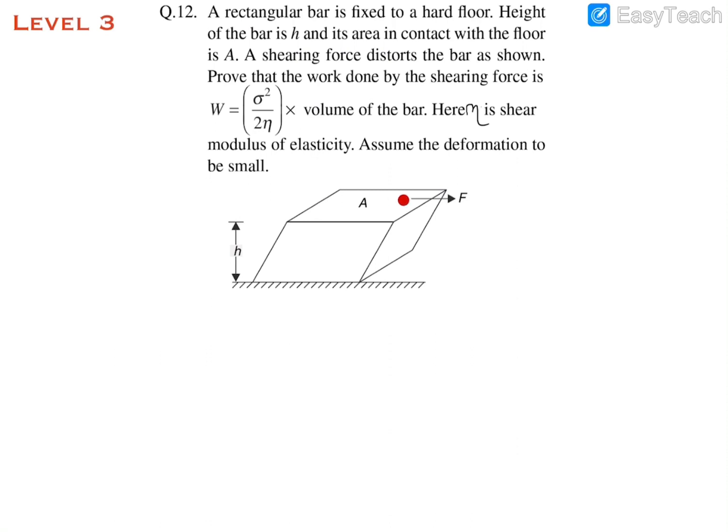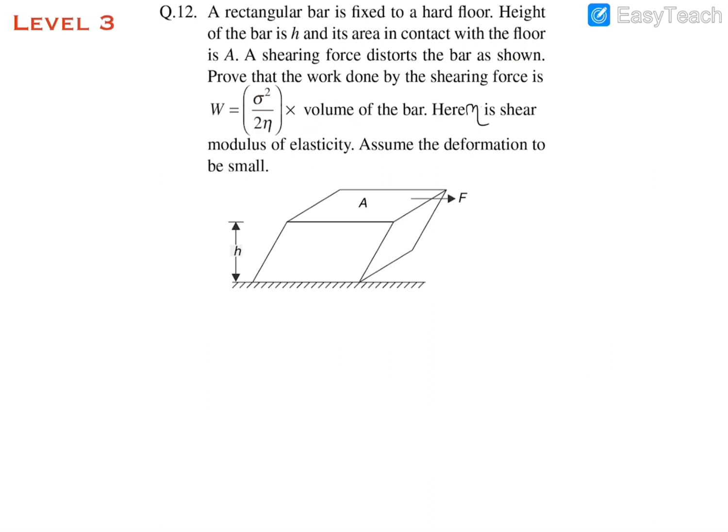We have applied a force F on the top surface, and due to this force, this rectangular block is distorted like that, and sigma here is the stress developed in this block, and neta is the shear modulus of elasticity. So we have to prove that the work done by the shearing force is this one, sigma square by 2 neta into volume of the bar.